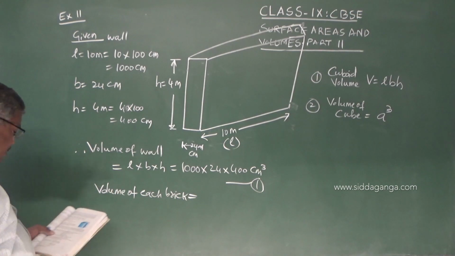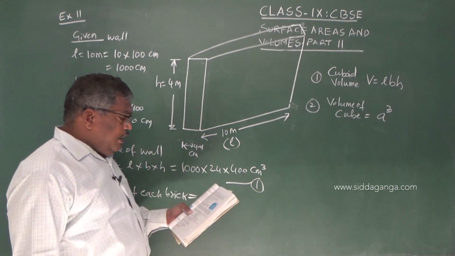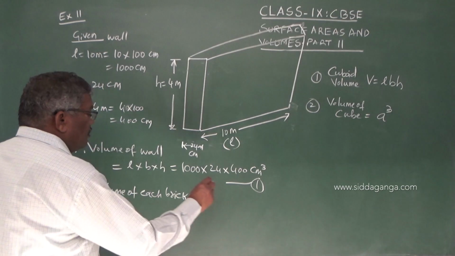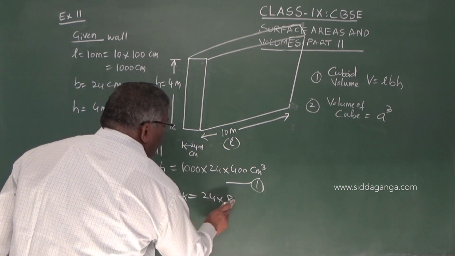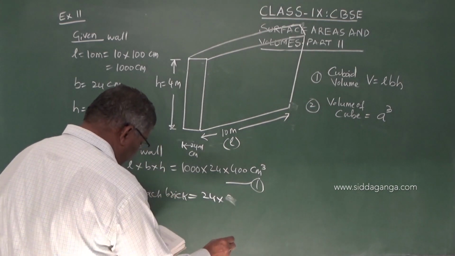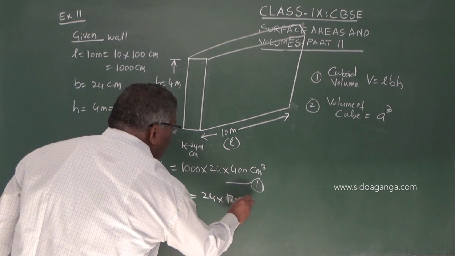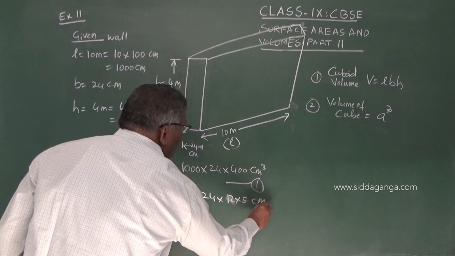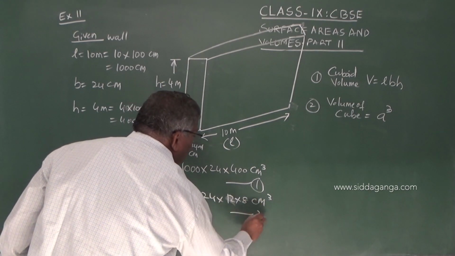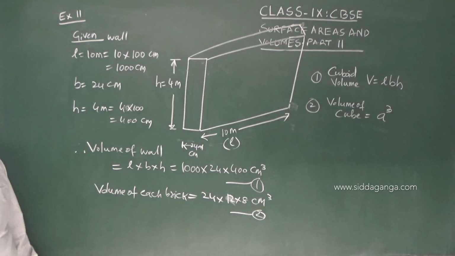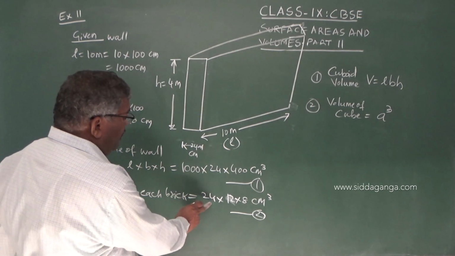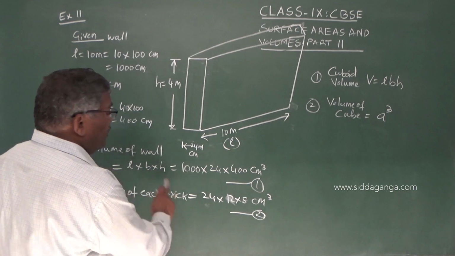This is brick size 24 into 12 into 8 centimeter. So therefore, this is 24 into 12 into 8 centimeter cube. This is second. So therefore, this is the volume of each brick.